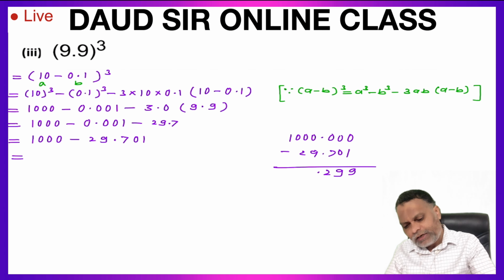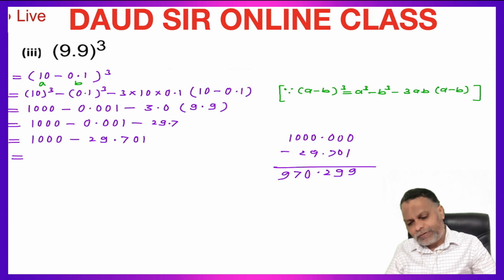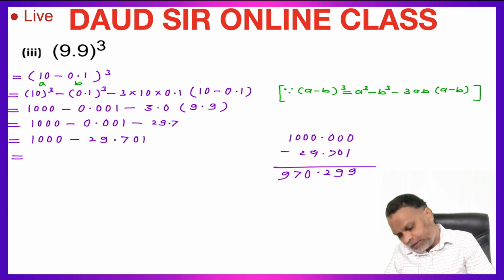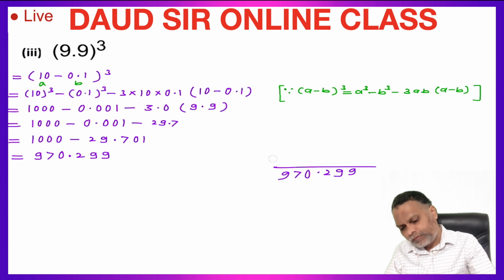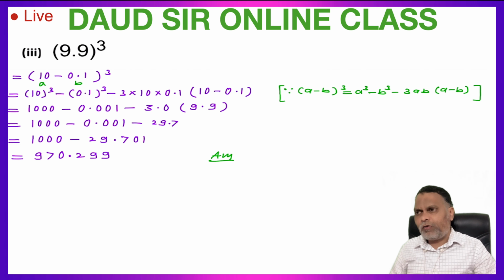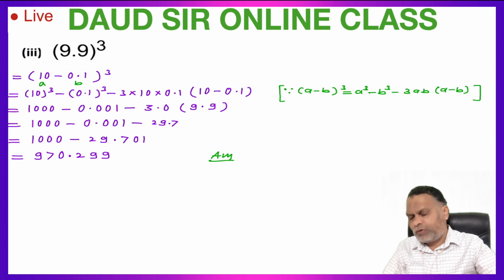Put decimal. 9 minus 9, 0, 9 minus 2, 7, and this is 970.299. So this is the required value of 9.9 whole cube, 970.299.